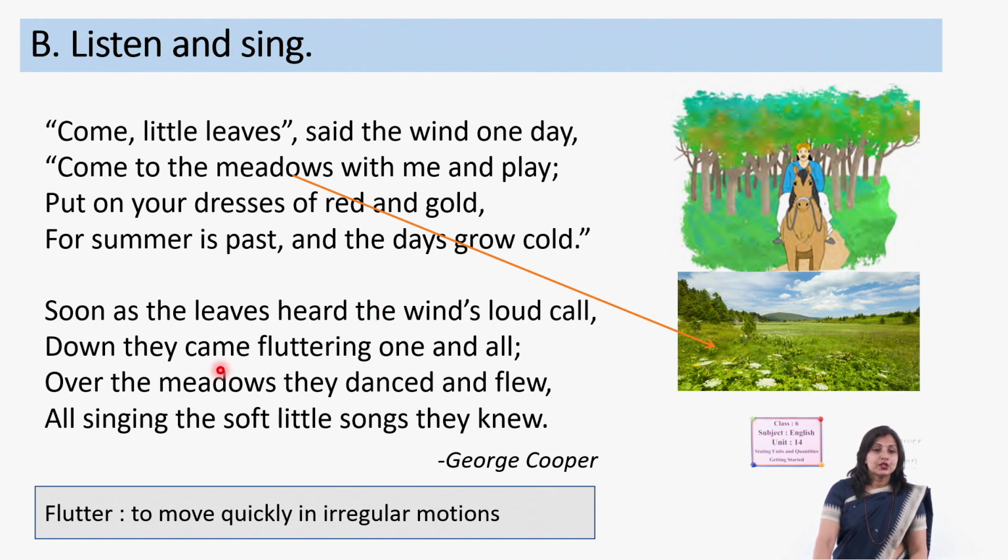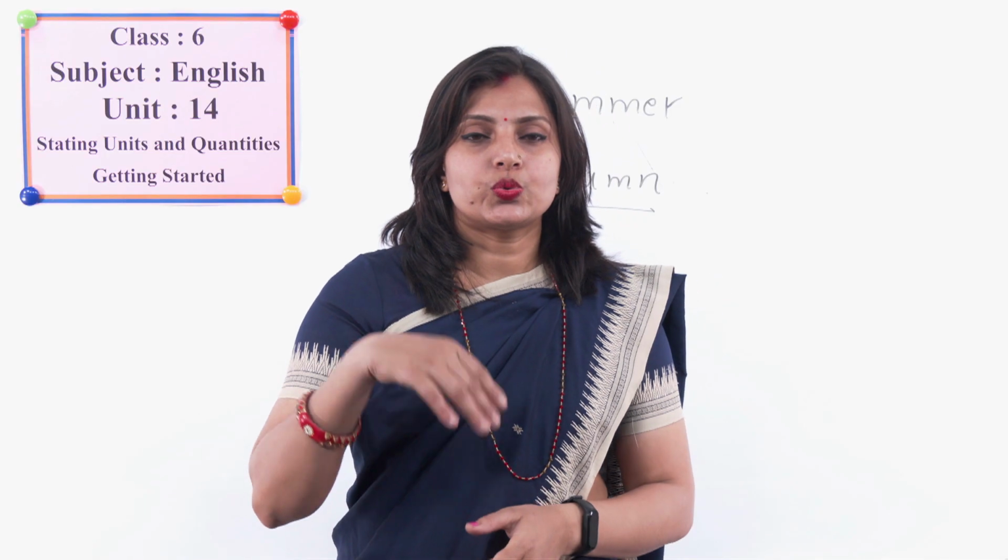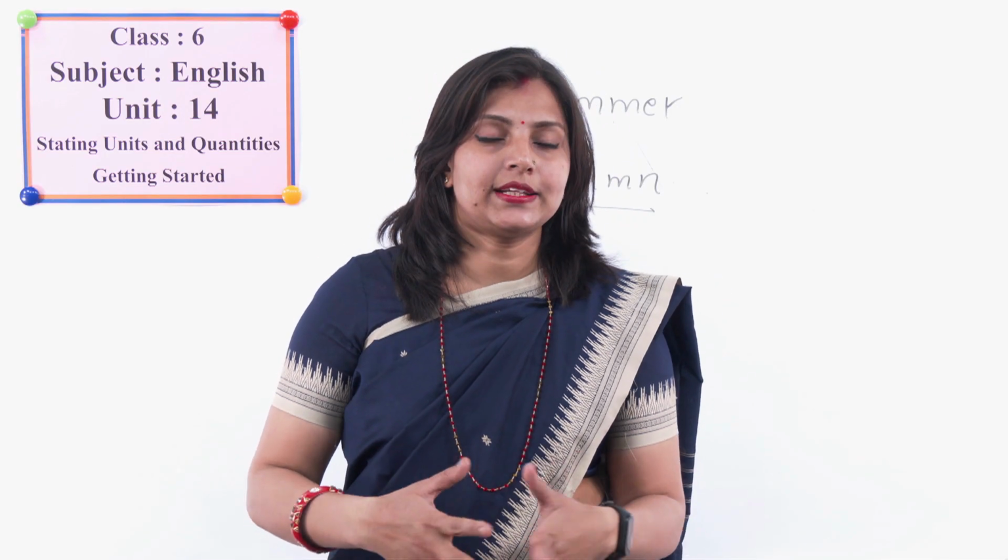Soon as the leaves heard the wind's loud call, down they came fluttering, one and all. Over the meadows they danced and flew, all singing the soft little songs they knew. Wow, very good. You sang so nicely. So, read this poem at home, practice it.